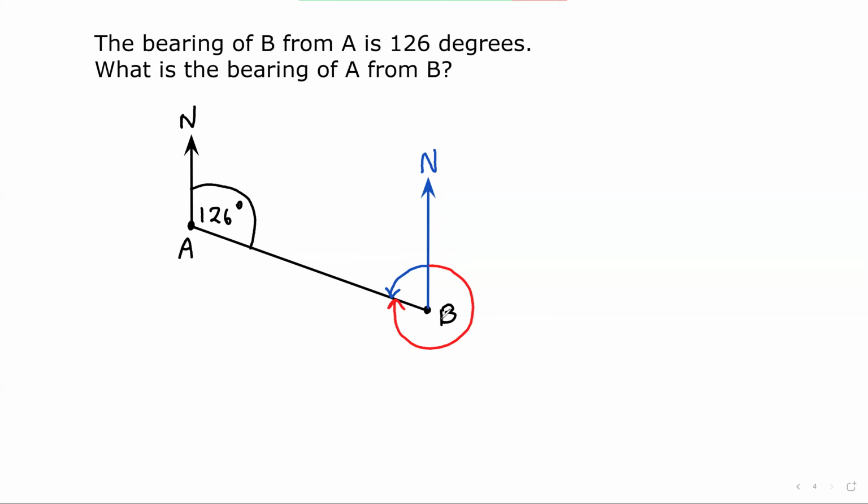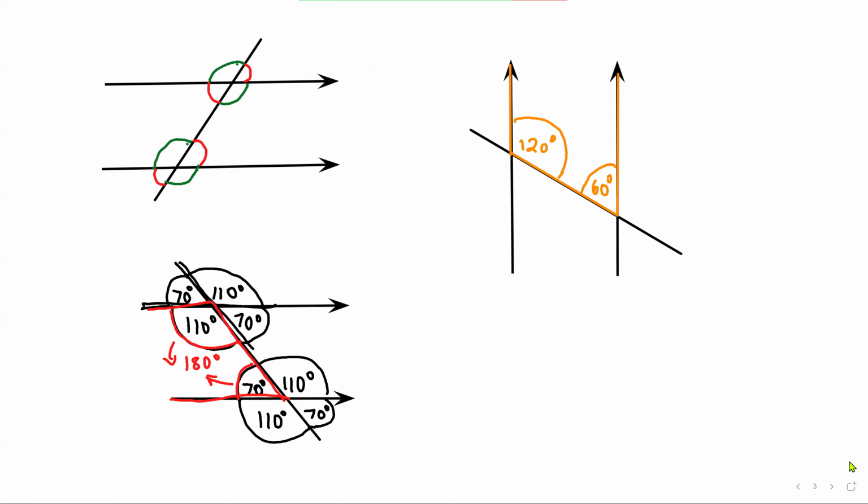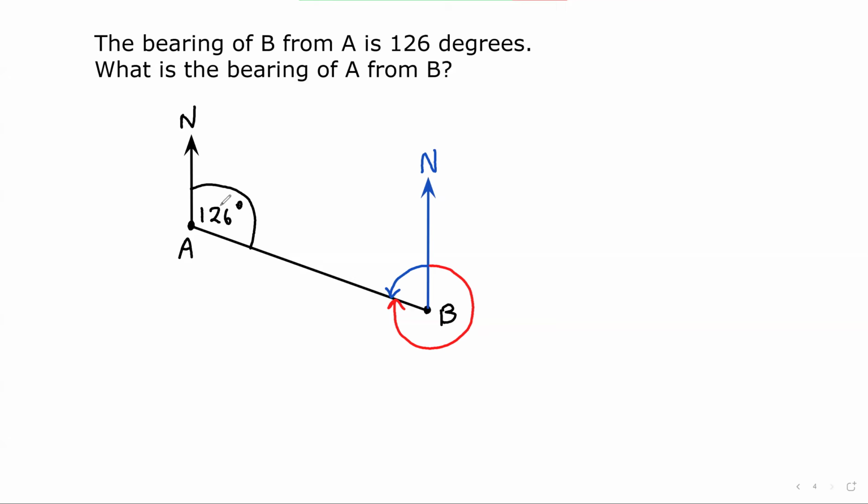Now, I can figure out what the angle inside that anti-clockwise angle is because, girls, these two north lines are parallel to one another. And since they are parallel to one another, it means that the two angles between them add up to 180 degrees, like this, right? So if this angle is 126, then this angle here will be 180 minus 126, which is equal to 54 degrees.